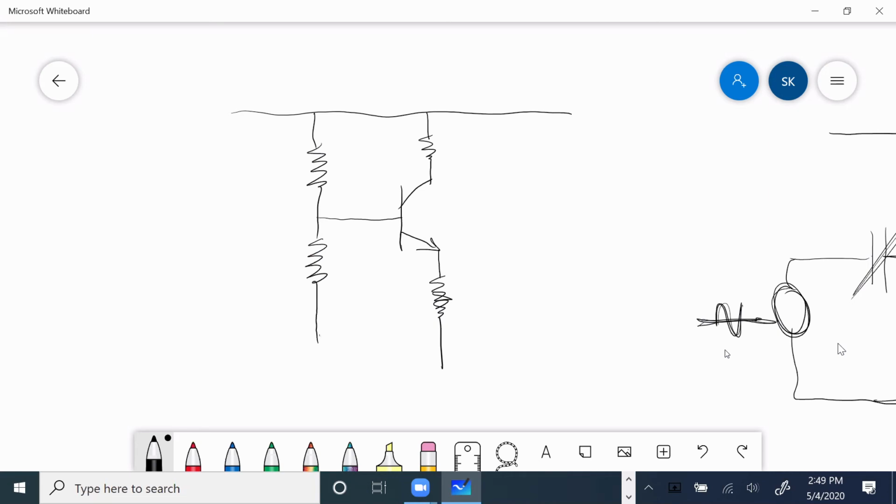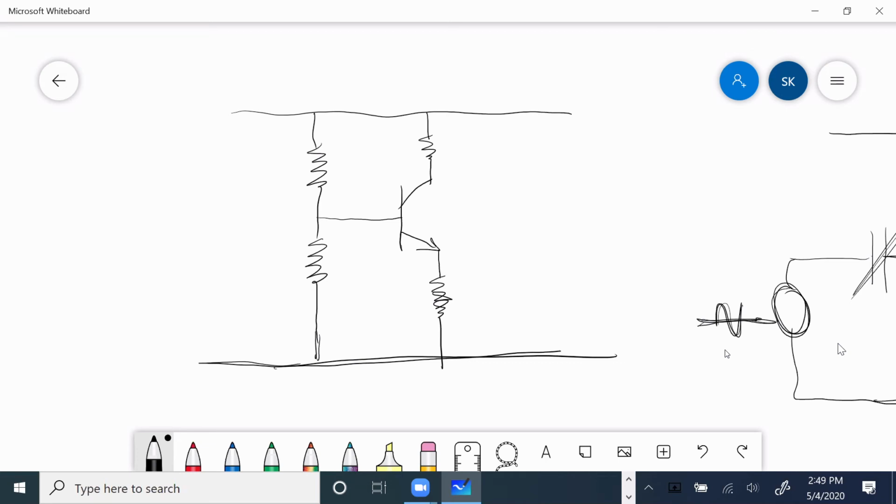Now, before I do this, if you remember, I urge you to go and listen to that lecture where we discussed how we arrived at this circuit.